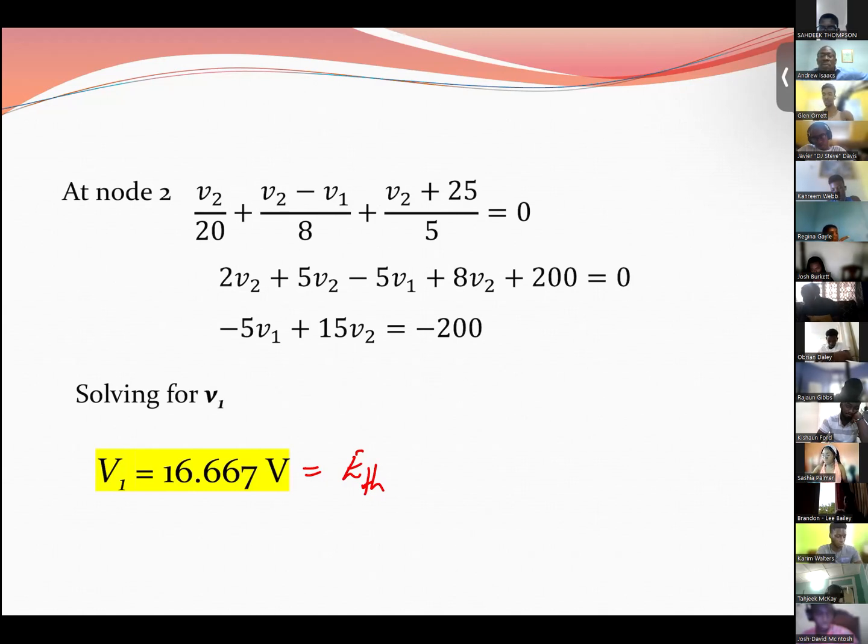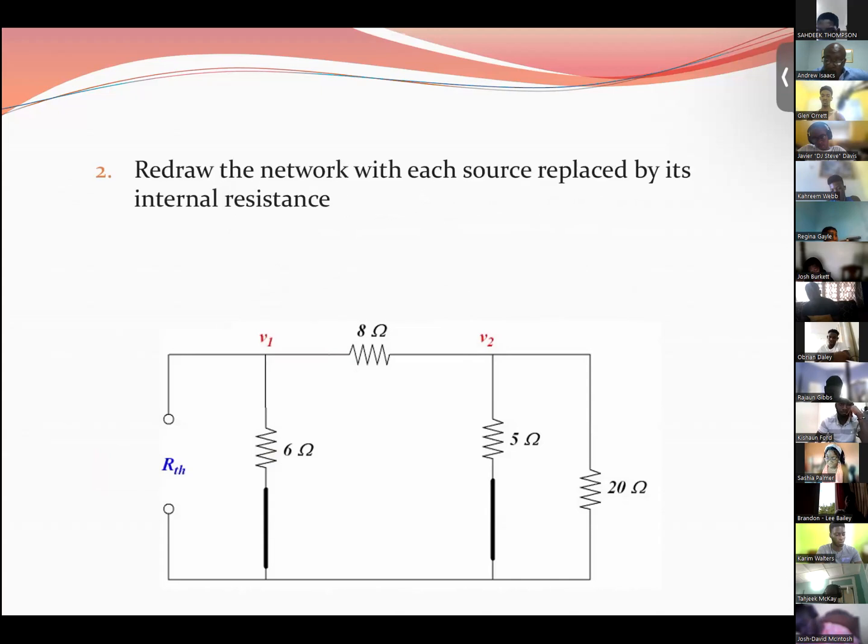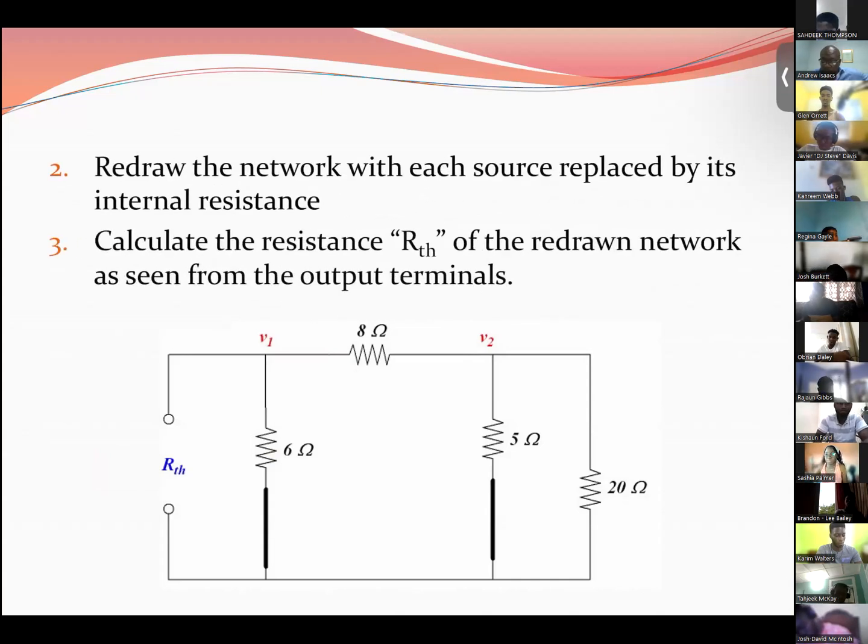We have two voltage sources, so we replace them using short circuits. All right, so we redraw our circuit, and we are finding the resistance looking in.